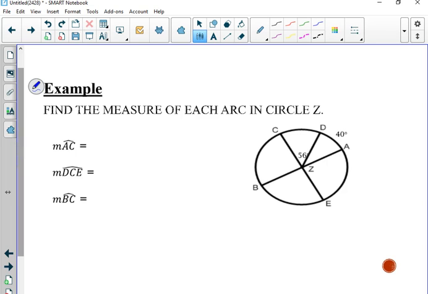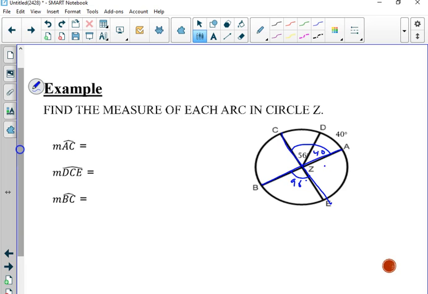Well, we have 56 and we have 40 here. If you look here for a second, we have vertical angles. So if you think about this as being 96, that makes this 96. And then CE is a diameter, and BA is a diameter.